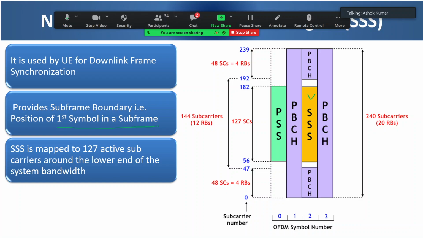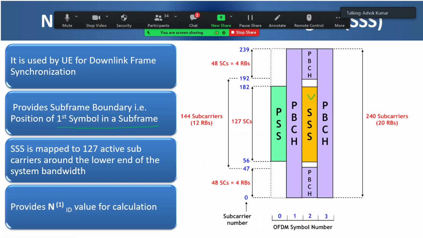It is also there in the 127 subcarriers, and it also provides a value called N1. Please remember N1. This N1 value will be used for calculating the physical cell ID, N1 and N2. N1 we are getting in SSS and N2 we are getting in PSS.